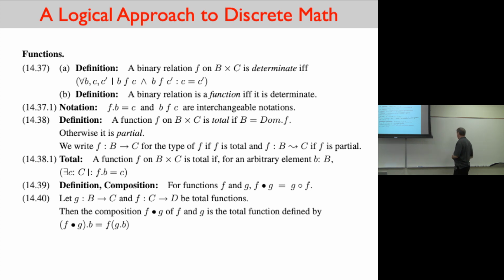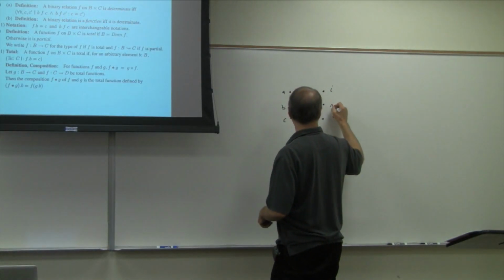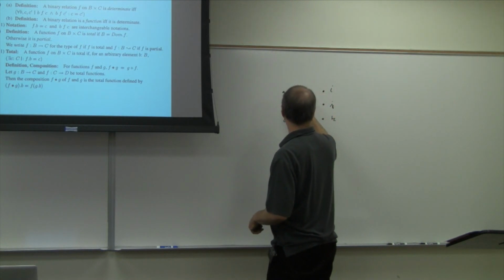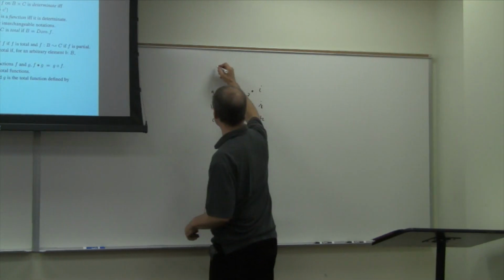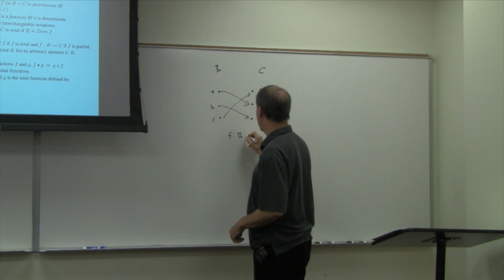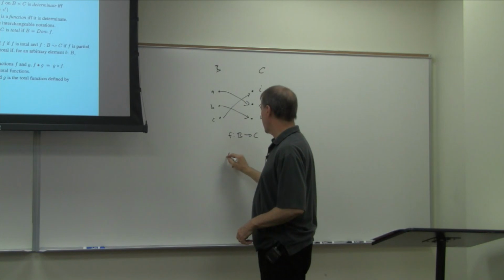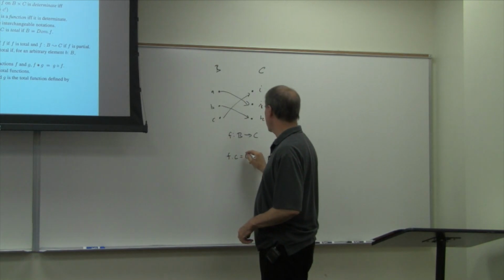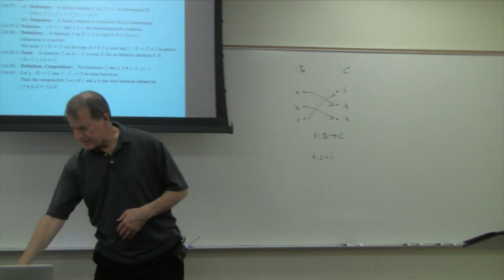If this is A, B, C, and this is I, J, K, and this function f is defined to be from B to C, then an example of this is f dot C equals I. Do we have an example of that notation?